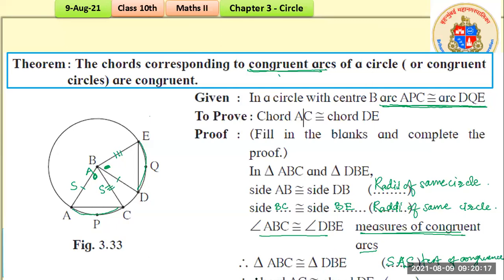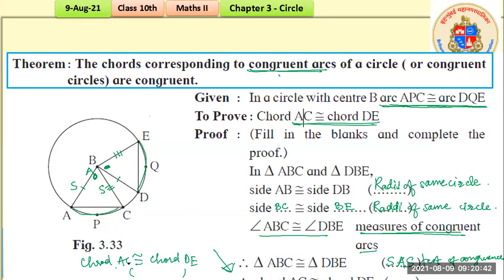And then one last step which you can't see here. This last step is that AC is congruent to DE. So I'll write it out over here: chord AC will be congruent to chord DE. How? We know that once the triangles are congruent, the remaining parts are congruent by CPCT or CACT.